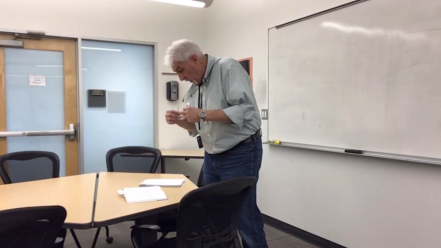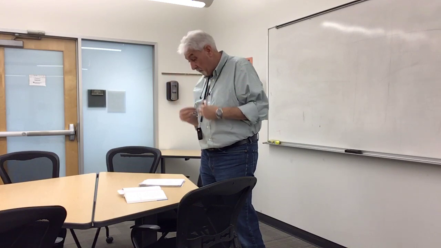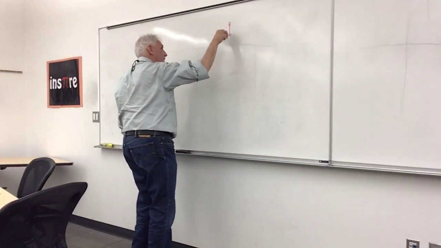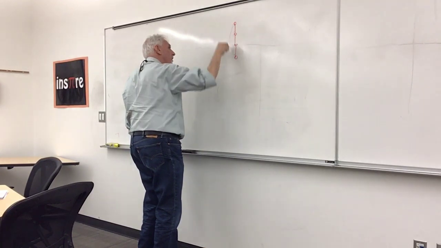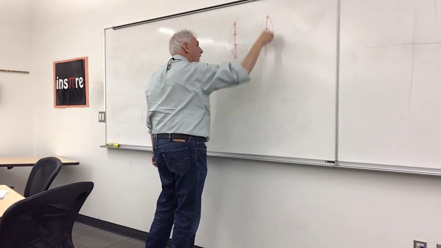So I have a connected graph of order 8, and it contains two C4s. They have no vertices in common. You can draw it however you want, but I'm going to draw a picture and then write some words.